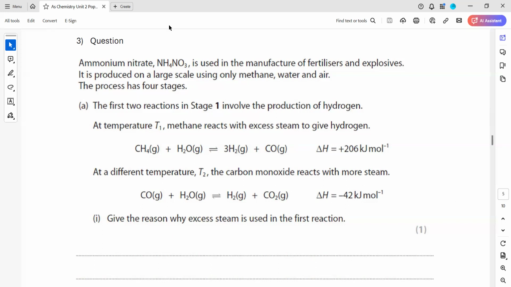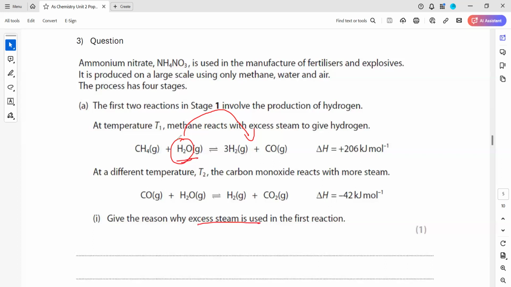So when we use an excess of steam, what will happen? It means we'll have more reactants, so the equilibrium will shift towards the right-hand side. As a result, it will produce more carbon monoxide, because shifting of equilibrium depends on temperature, pressure, and concentration. So why do we use excess of a water molecule, steam here?